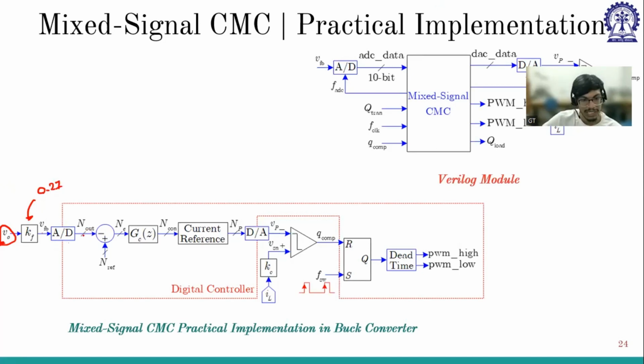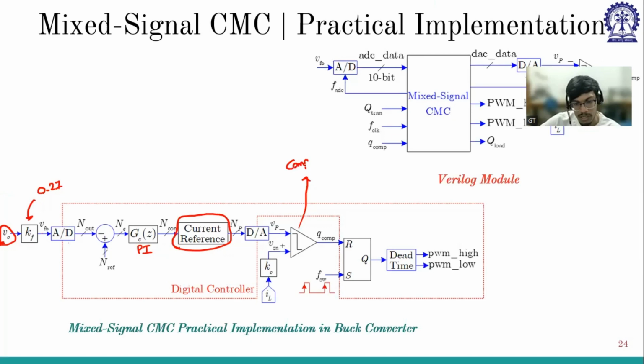The output is subtracted from the reference, giving an error voltage, fed to the PI controller, giving the control voltage. And this is the new block, the current reference block, which we'll discuss in the next slide, giving rise to the control voltage. It is fed to the digital to analog converter, the output of which is fed to this comparator.